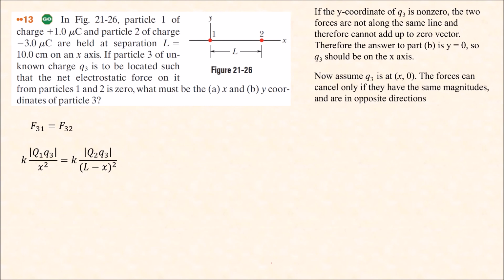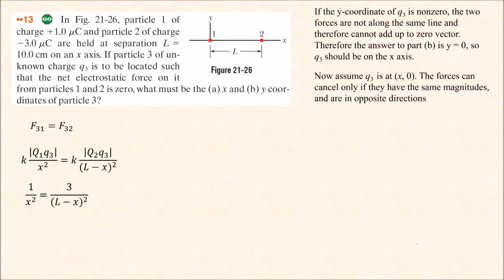For 1 and 3, no matter where x is, because 1 is at the origin, the distance is the absolute value of x. But the distance to particle 2 is the absolute value of L minus x. Because it is squared, it doesn't matter. So this is the equation that you get.